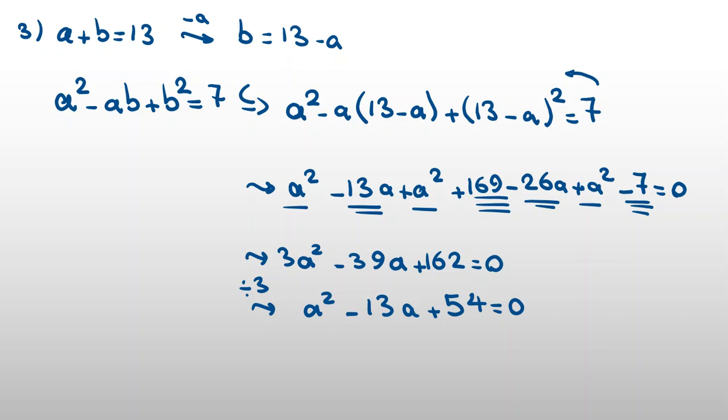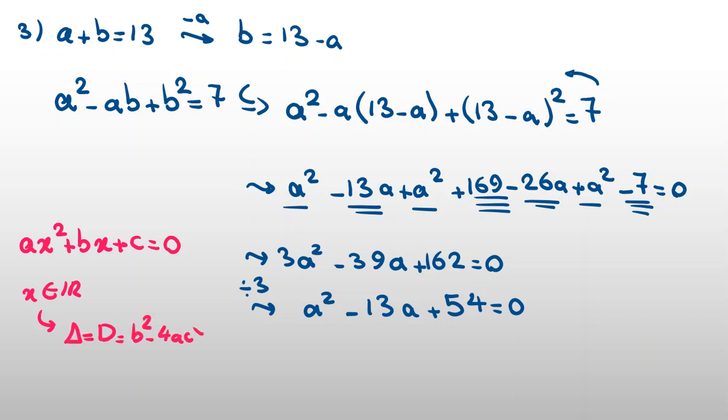Here we should use the quadratic formula. If you calculate delta, you will understand we don't have any answer. Why? If you have ax squared plus bx plus c equals 0, if x is real, then it has an answer. We conclude the delta, or discriminant, that is b squared minus 4ac, should be at least 0.